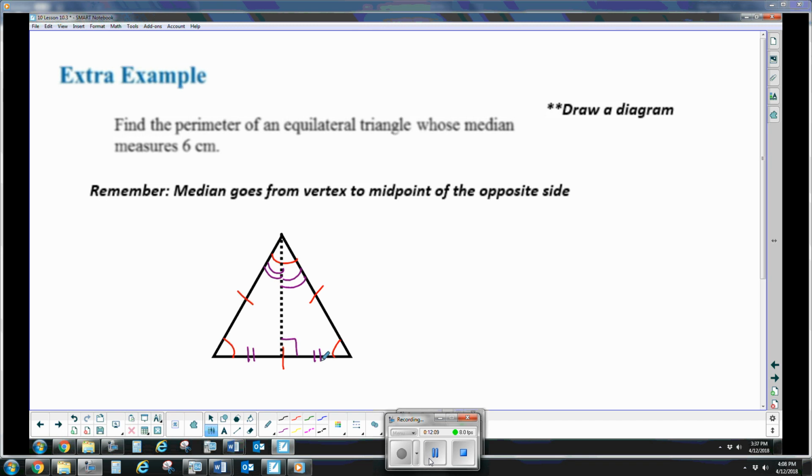So we know that these two parts of the base are congruent because it goes to the median. Now all we know so far is that this median is 6 centimeters, but we don't know what any of the sides are. But since it's an equilateral triangle, we also know that it's a 30, 60, 90 degree triangle.